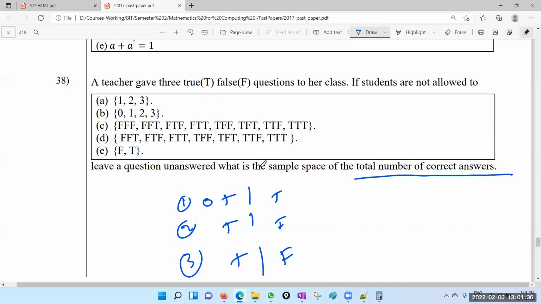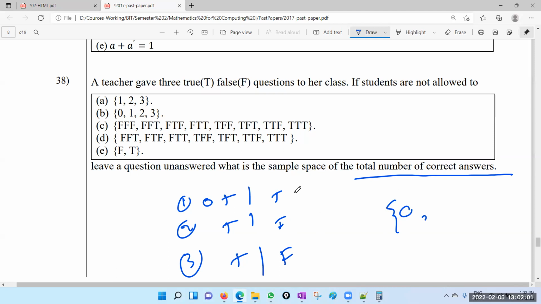So there are only 3 questions. So there can be a possibility that all the answers are wrong, right? Maybe a wrong answer is given, wrong answer is given, wrong answer is given. So there's a possibility of 0 correct answers.